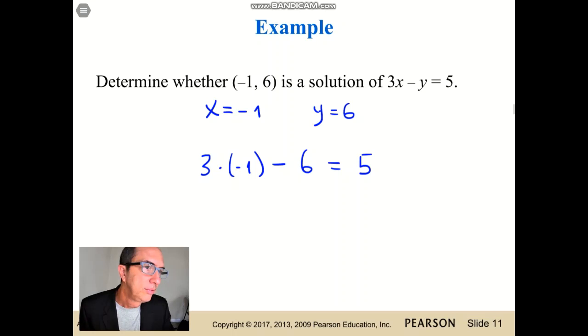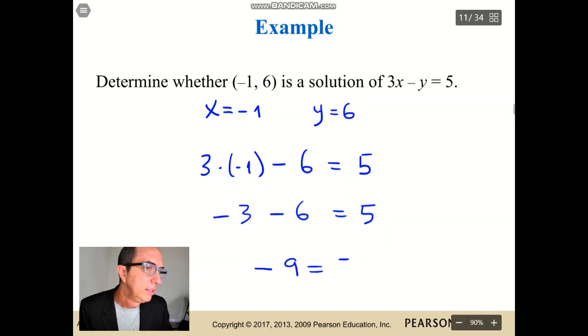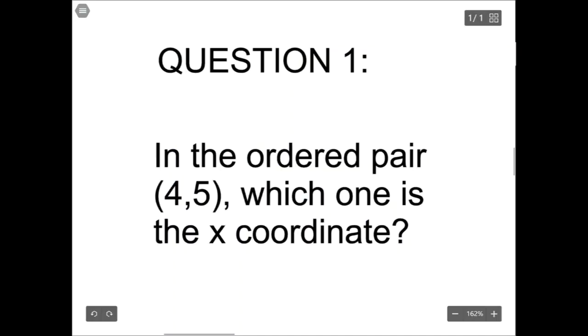And 3 times -1, -3, minus 6 equals 5. -3 minus 6, -9 equals 5? I don't think so, right? This is false. That means this order pair is not a solution of that equation.